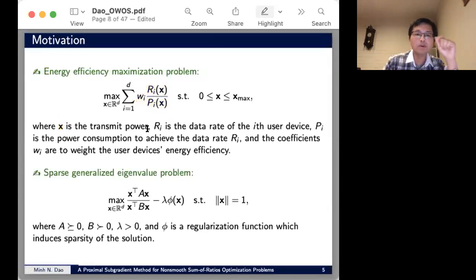The second example is the generalized eigenvalue problem, which looks for the most dominant eigenvalues and the corresponding eigenvector. In numerical analysis, we seek an eigenvector with the least number of non-zero entries, so that the information can be easily stored and identified.